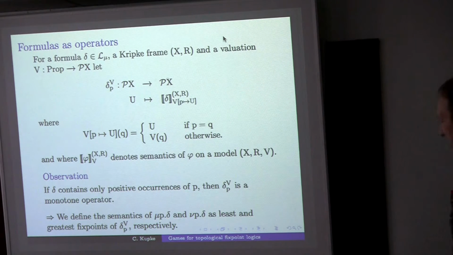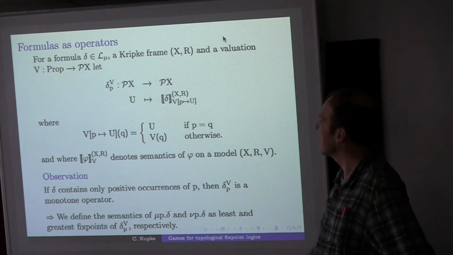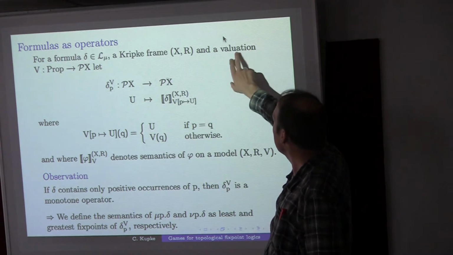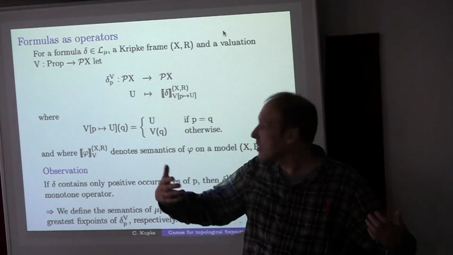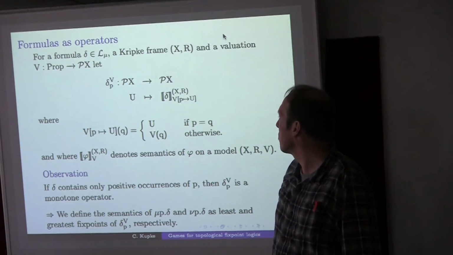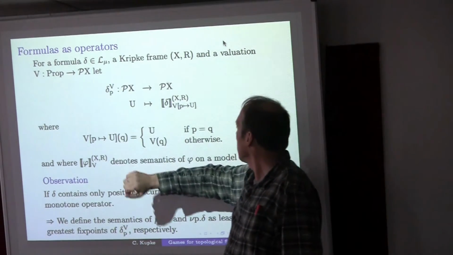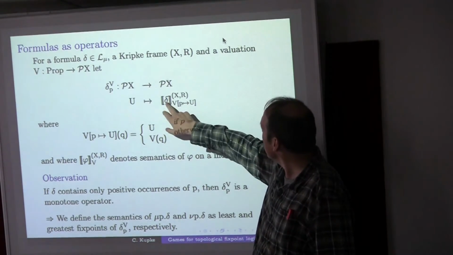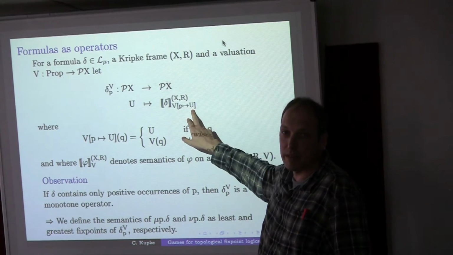So I said these are fixed points, but the question is, fixed point of what? For a formula in this logic, a Kripke frame, and an evaluation, so basically we have to say how we evaluate variables, we can define an operator on the lattice of predicates, the power set of X. This operator just maps any subset of X to the semantics of the formula, where we interpret the variable p with this predicate.